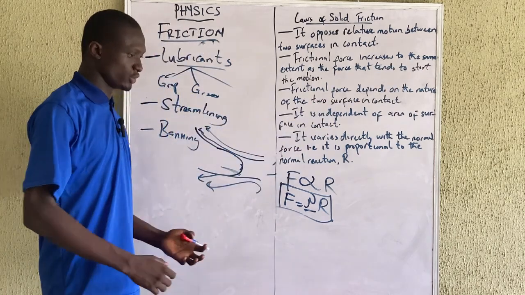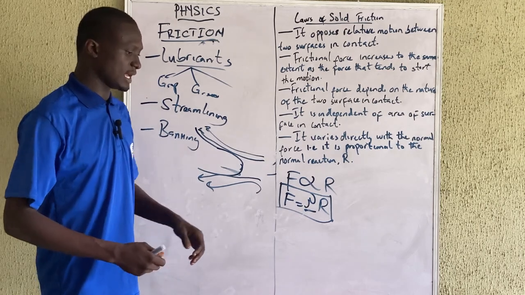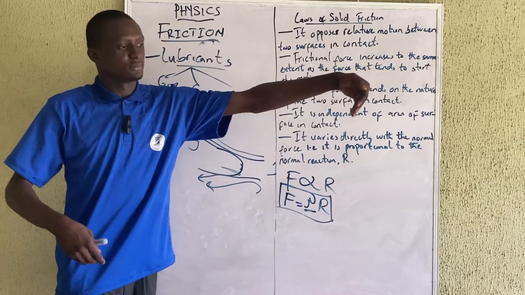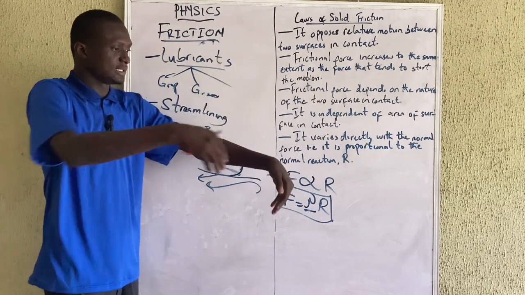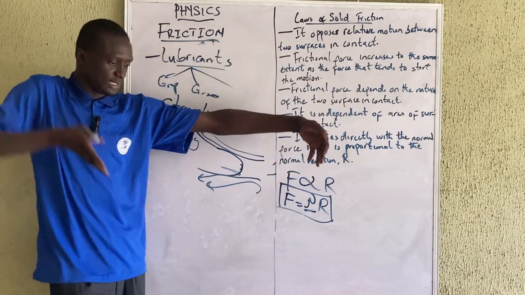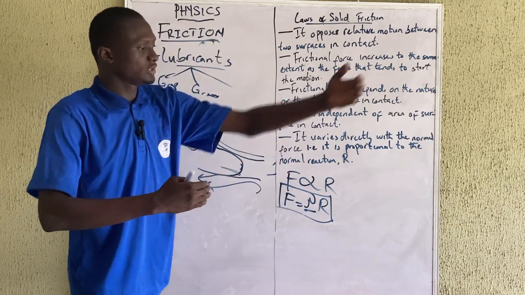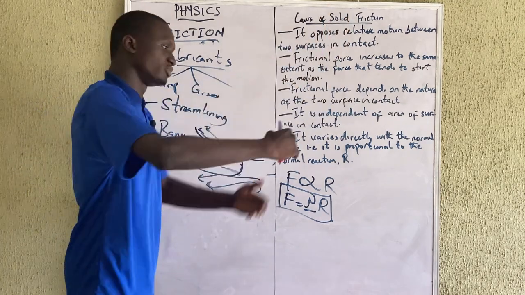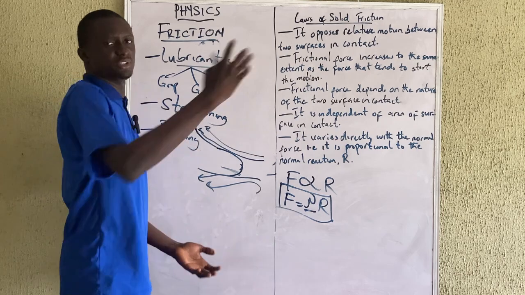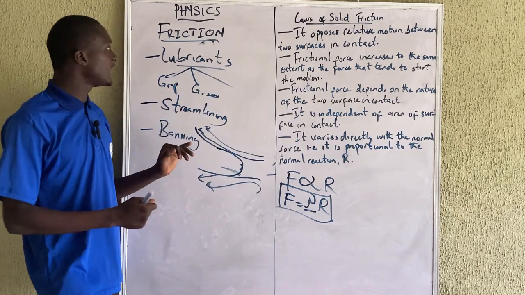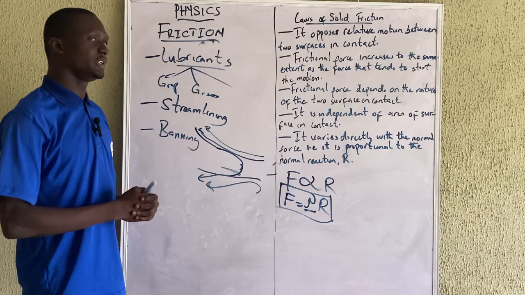So the road is banked in such a way that when you have a roundabout, the circular part of the road is elevated. So when you want to skid, the elevated part of the road is going to return you back. You won't be able to drift away. So that's banking. You can check it up. So these are ways of reducing friction.